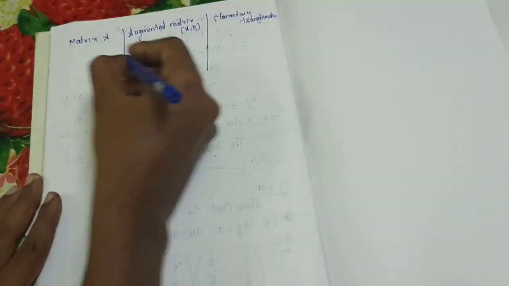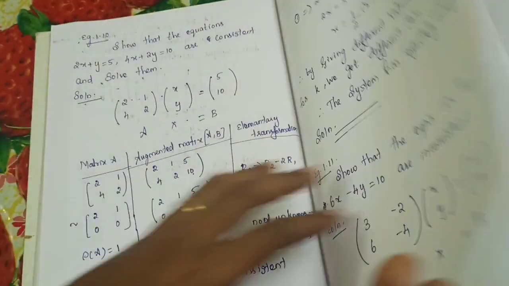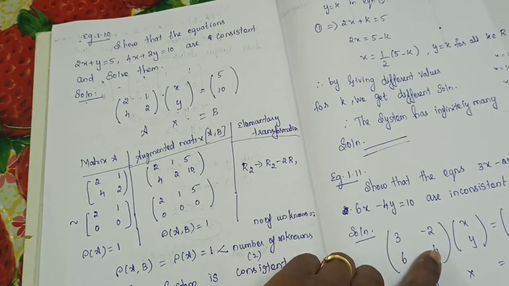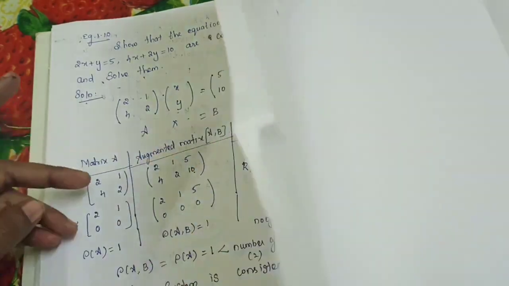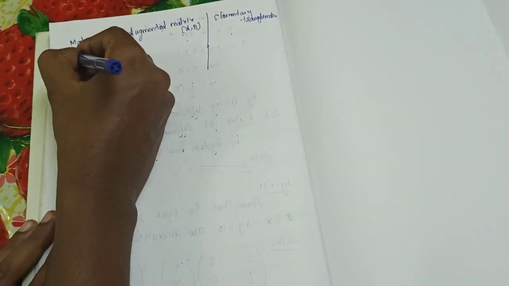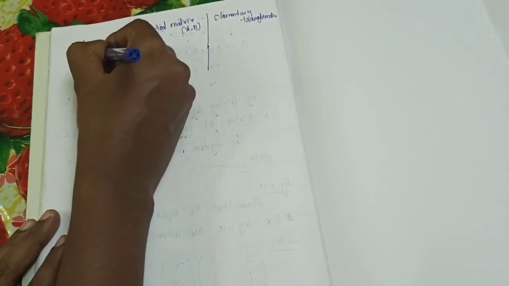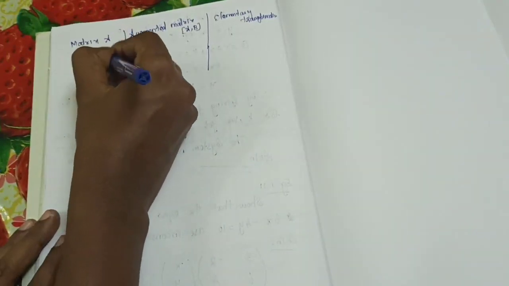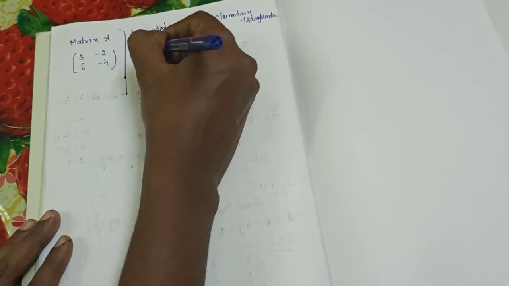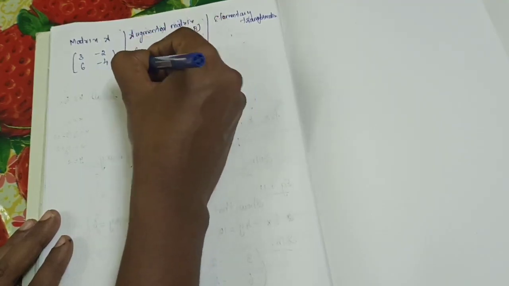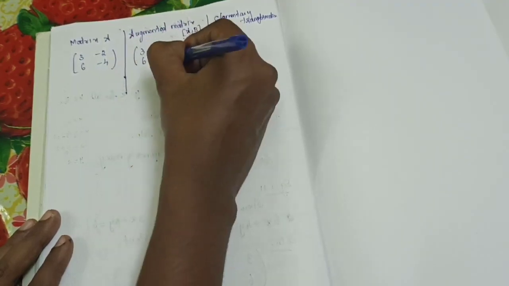First I am going to write the matrix A: 3, minus 2, 6, minus 4. Then the augmented matrix: 3, minus 2, 6, 6, minus 4, 10.